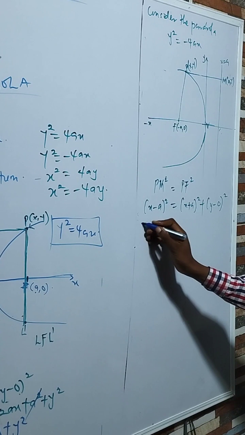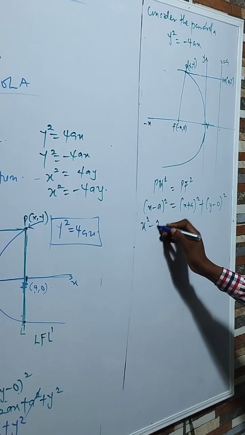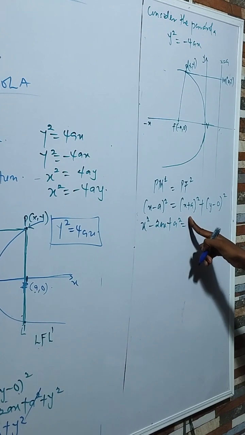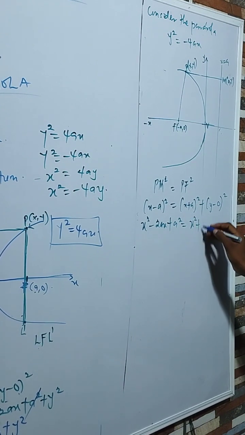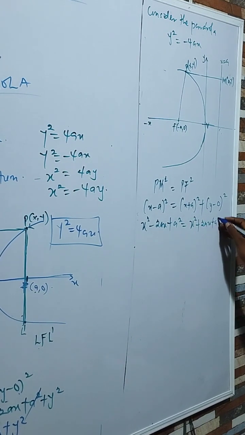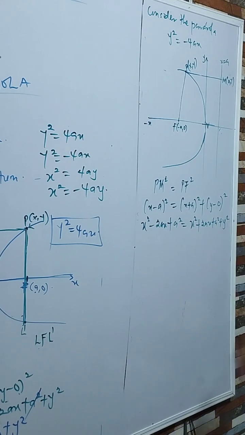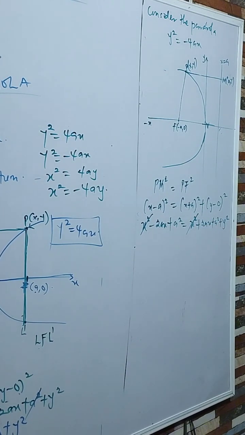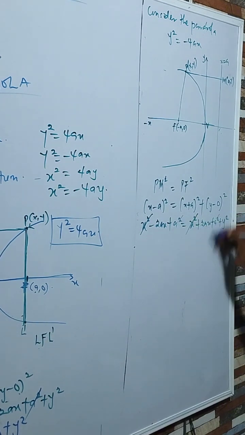If I expand this, I should have x squared minus 2ax plus a squared equals x squared plus 2ax plus a squared plus y squared. Cancelling out x squared and a squared.